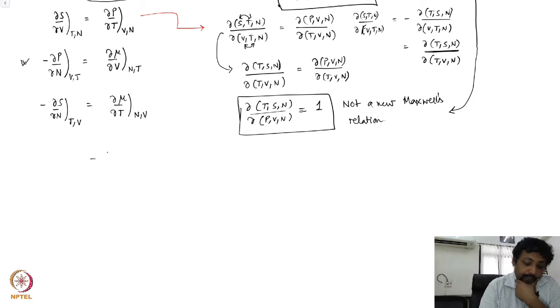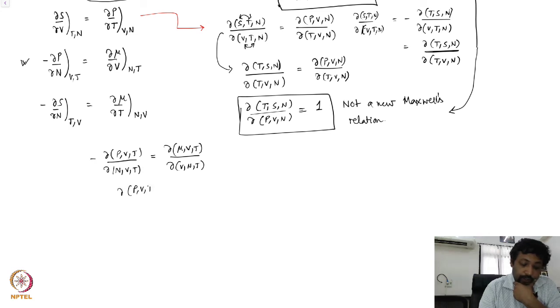So this gives me minus del of PVT and del of NVT is equal to del of mu VT and del of VNT. So this is easy to do.